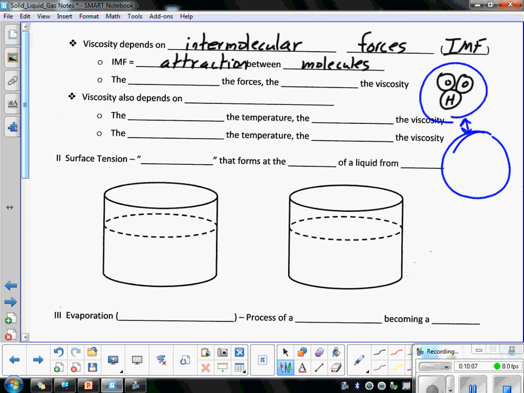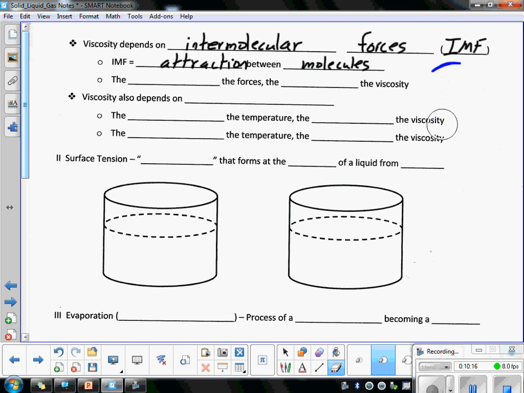This attraction from one molecule to the next molecule, that's the intermolecular forces. Okay, so the stronger the attraction of those forces, the higher viscosity that the substance is going to have.